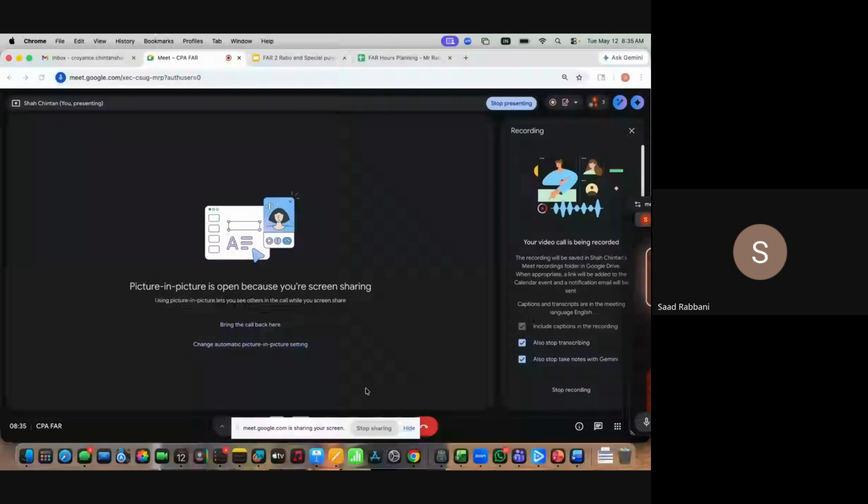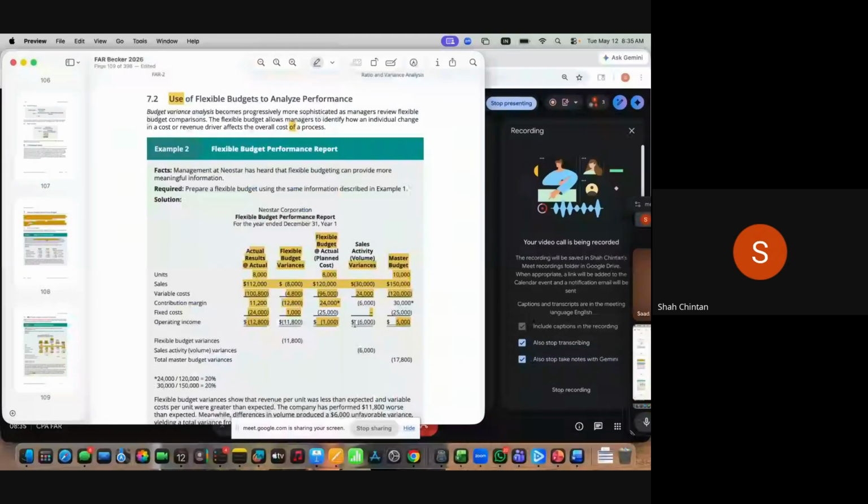Okay, but in flexible budget, then how are we saying that we're getting more data? No data means, as in, we are pointing out for management decisions that where the problem is. So that is the analysis I have told to you that management has to assess.